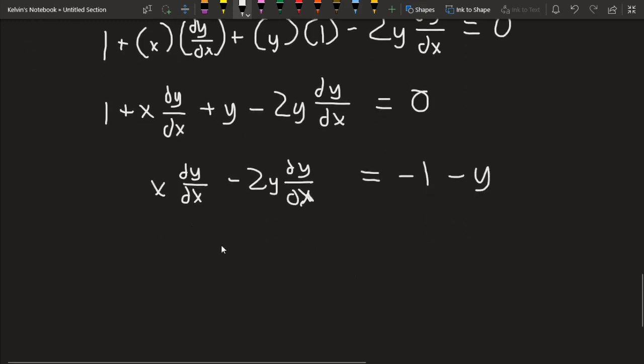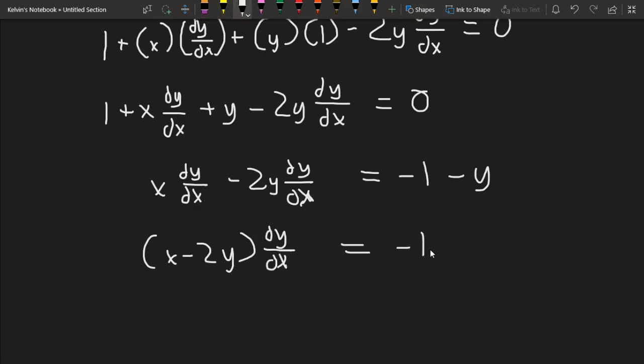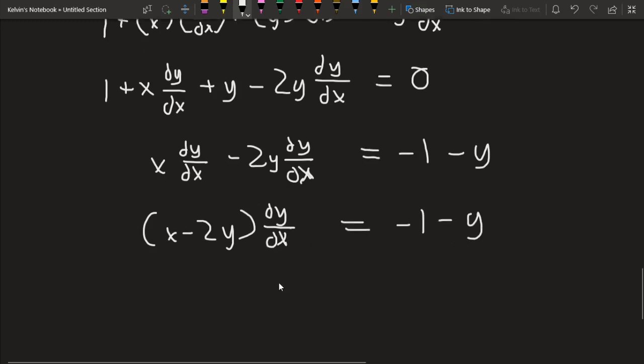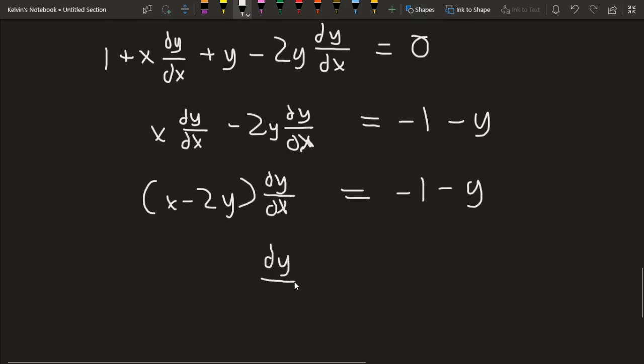And then what we do here is I'd rewrite this as x minus 2, or my bad, x minus 2y dy dx equals negative 1 minus y. And we can actually just write this as dy dx is equal to negative 1 minus y over x minus 2y.